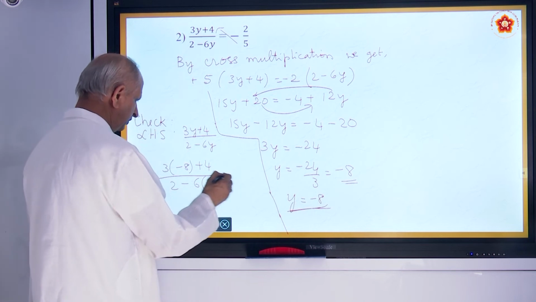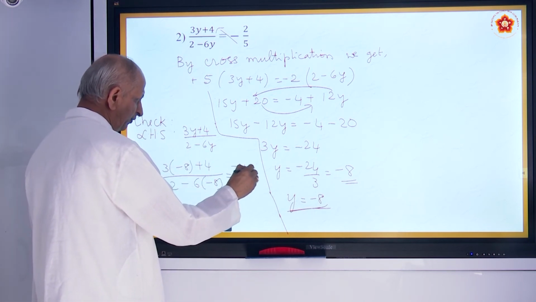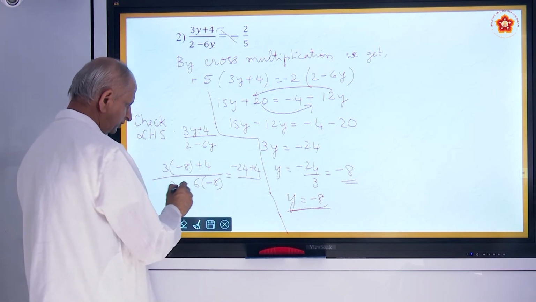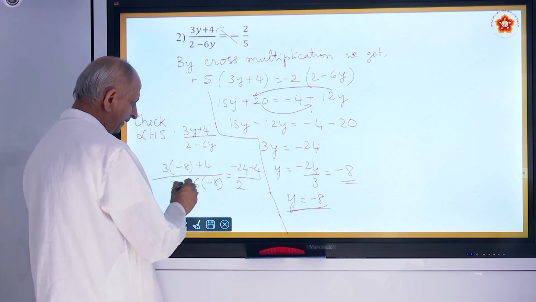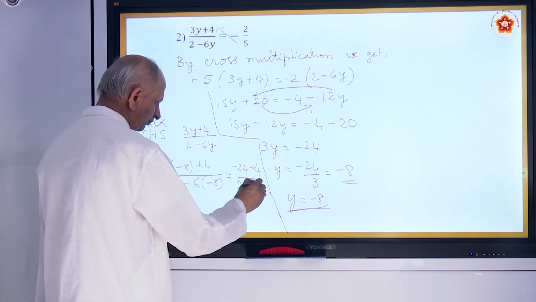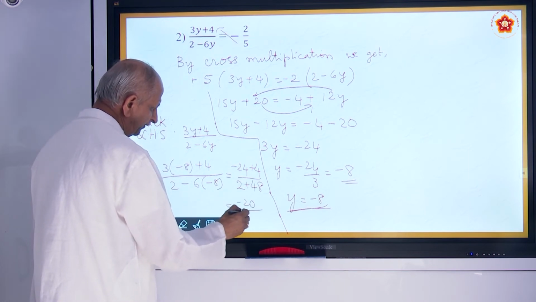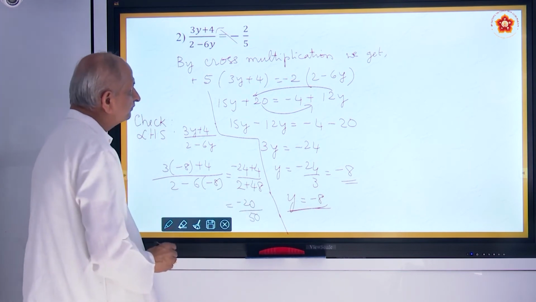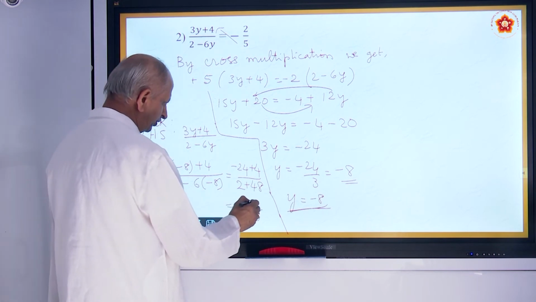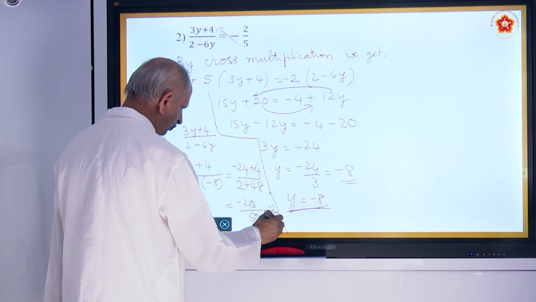Come on, 3 8s are minus 24 plus 4 by 2 minus into minus plus, 6 8s are 48. That will be minus 20 by 50. So 0 0 cancels, you have minus 2 by 5.